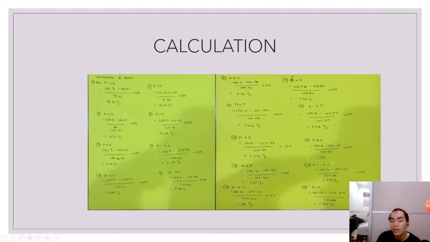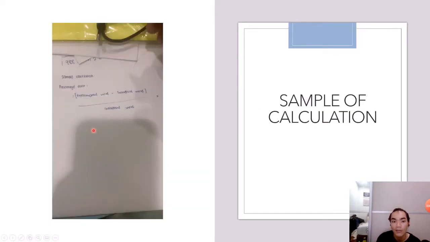Here is my example of calculation to calculate the errors. Since this experiment does not require any use of equations or specific calculations, I decided to add my calculation of errors together. This is my sample of calculation.